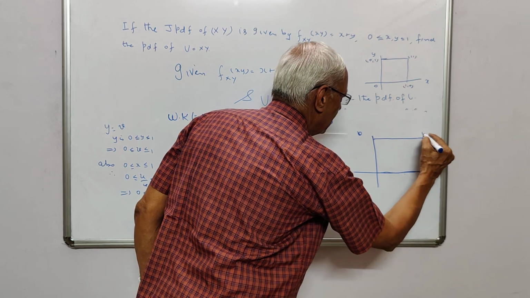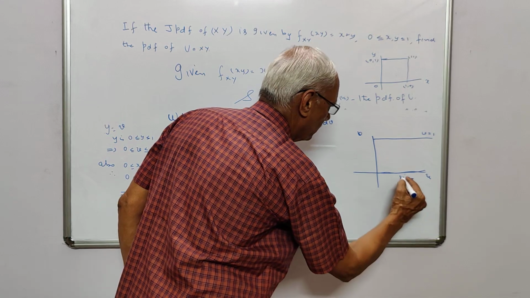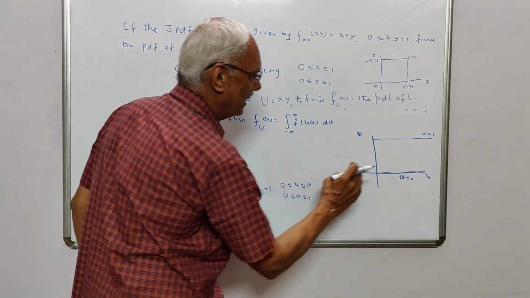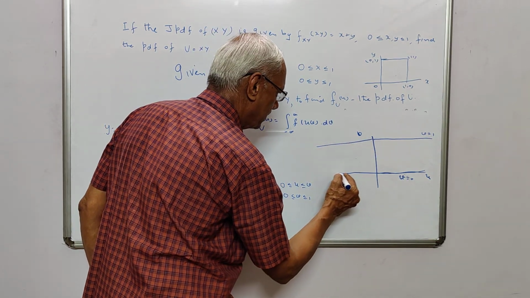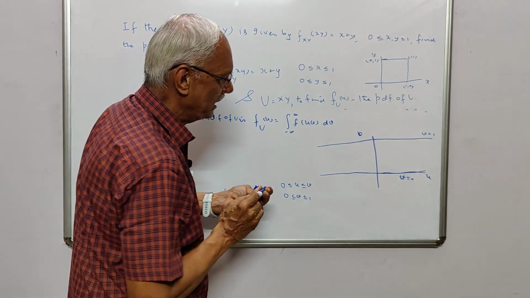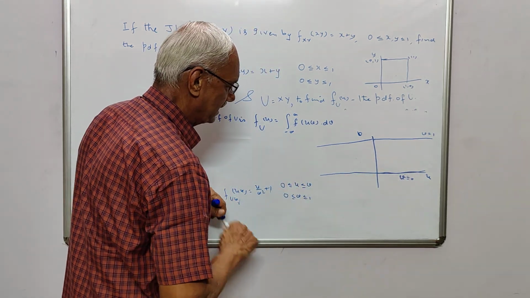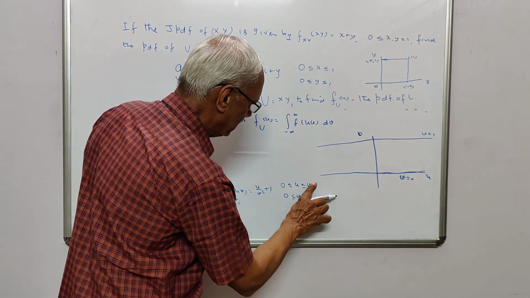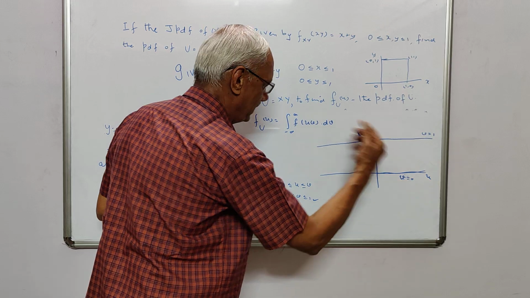So you see that this is your v and this is your v is equal to 0. For this, v is equal to 1 means it can be throughout, fully like this. So the whole space between v is equal to 0 and v is equal to 1 is this region.